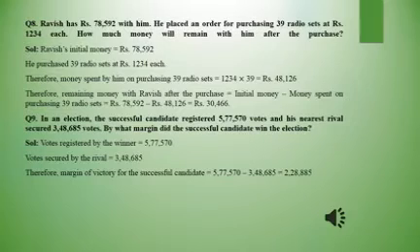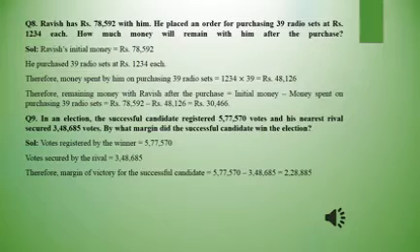So, the successful candidate, that is the candidate who won the election, got 5,77,570 votes. And his rival, that is his opponent, secured 3,48,685 votes. We have to find by how many votes the successful candidate won the election.